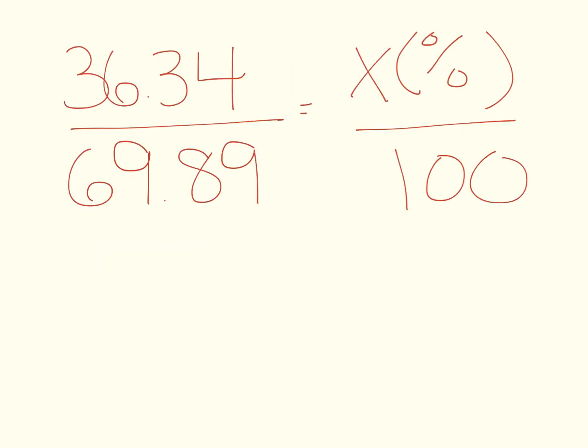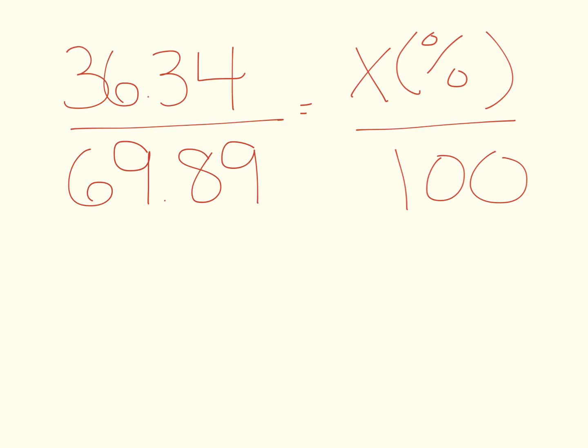All right, so we're trying to find out what percent $36.34 is. That's the amount we saved out of $69.89. So I set a proportion up. So I'm looking at what percent out of 100, because percent is always out of 100, was my savings out of $69.89. We're going to compare it.